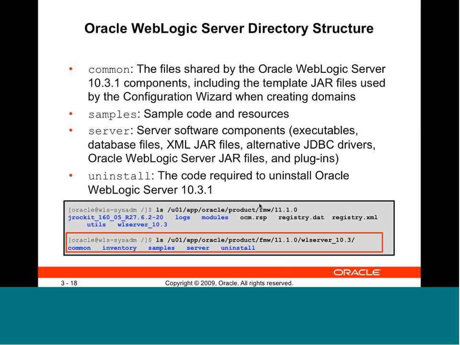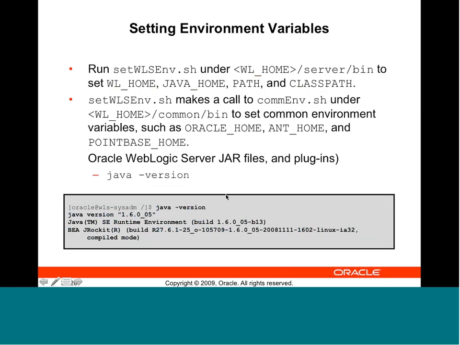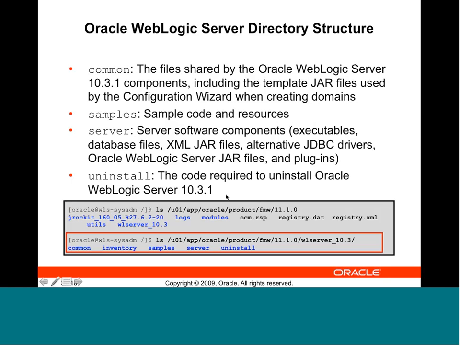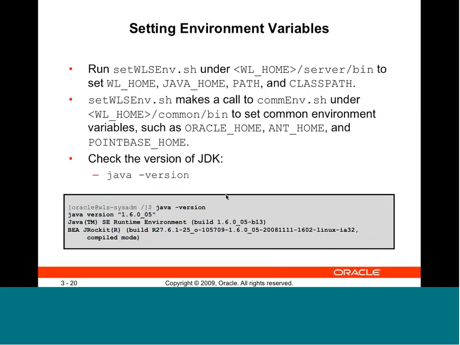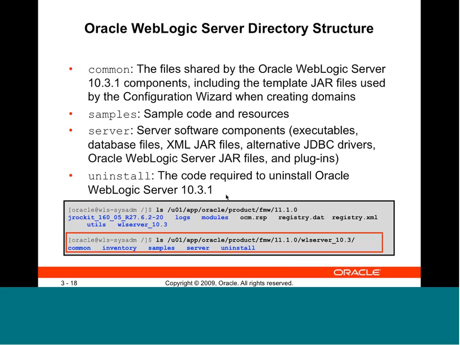But all domains will share these common files which are part of your WLS server 10.0. So these are called product files. Then you will have the second type of file called domain files, right? Which will be typically one for each domain. Fine. So after you have done, now you have to set the environment.